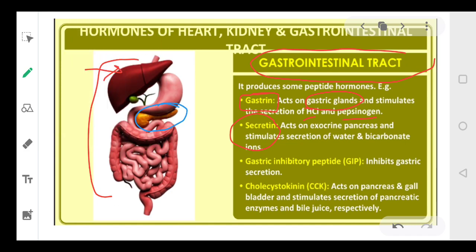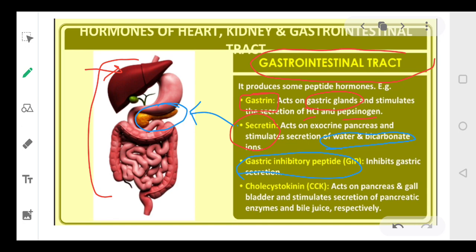Your secretin acts upon the pancreas, and the pancreas secretes water and bicarbonate ions. So the hormone secretin will act upon the pancreas and help in the secretion of water and bicarbonate ions.